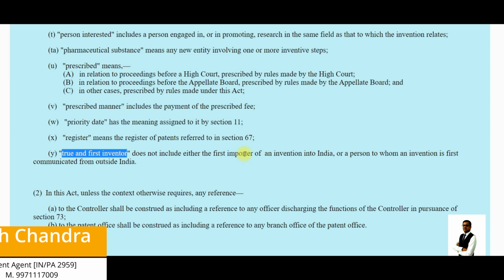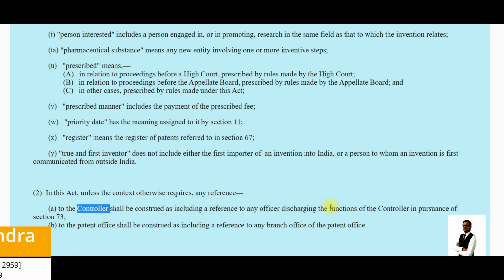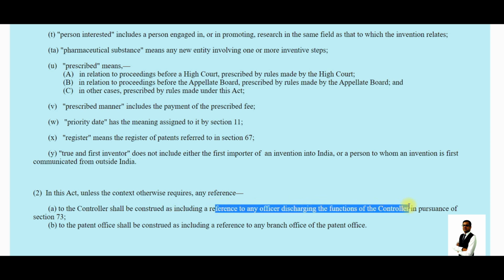In this act, unless the context otherwise requires, any reference to the controller shall be construed to include any officer discharging the functions of the controller in pursuance of section 73. So in this particular act, when you say a controller, it will not always mean the Controller General of Patents and Designs, but it will also mean any other officer who is discharging the functions of the controller.